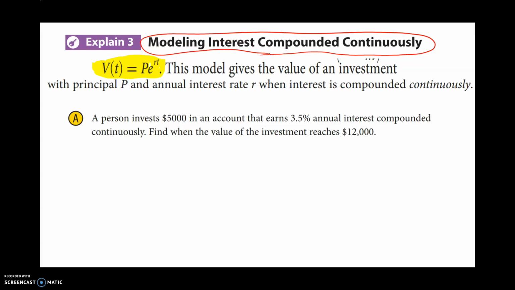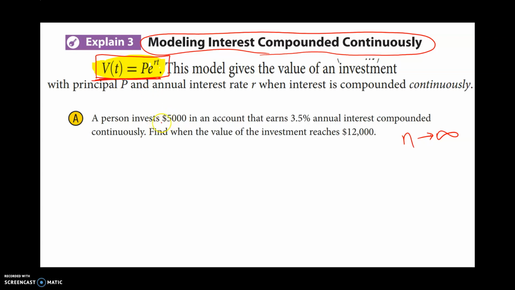Right, now let's talk about compounding interest continuously. This is almost something we can't get our head around because it's taking the compounding n and making it approach infinity. So when you have an equation like that, someone has developed this equation and it uses that base e from 13.3. So here is our value equation. We're not sure how they got it, but let's apply it.